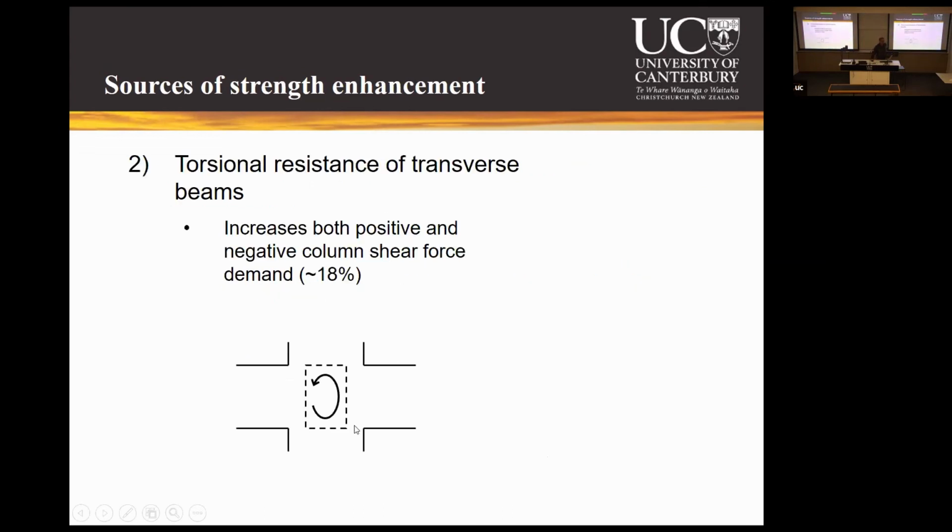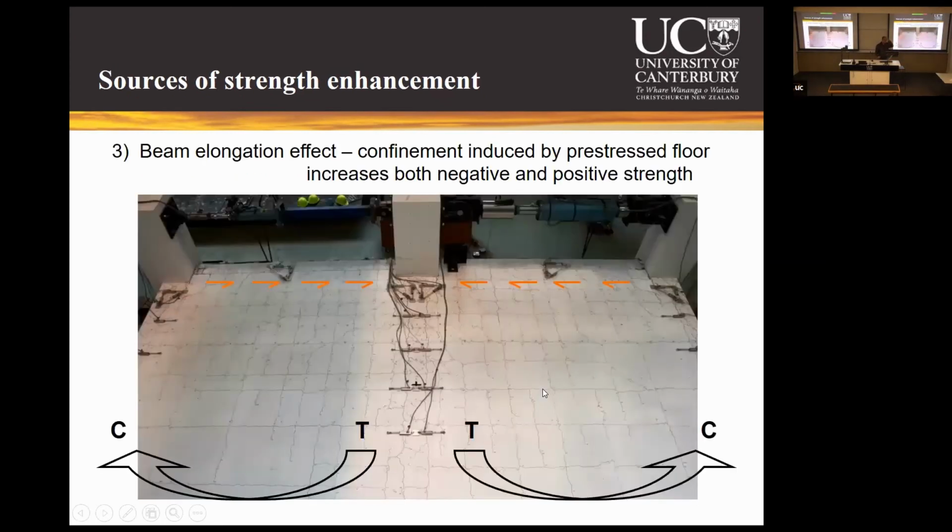The second is the torsional resistance of the transverse beam. Because there was a monolithic connection with the end beam in the transverse direction, and when the frame was deforming, the force was transferring at the top of the transverse beam, so the beams were forced to rotate, and that rotational resistance gave about an 18% contribution. And the third was the beam elongation effect, the remaining part, right?